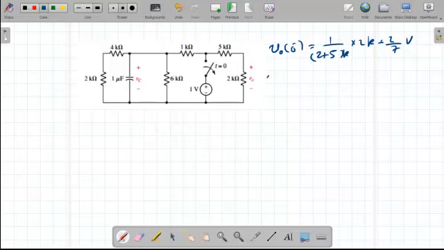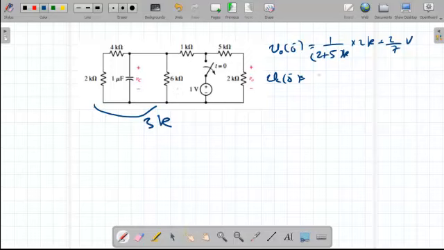VC at 0 minus will equal 1 volt here, but it divides on the combination. The 4 and 2 become in series, then together they become in series with 6. So 6 and 6 together becomes 3k. So the voltage here is 1 volt and 1k, and here we have 3k.